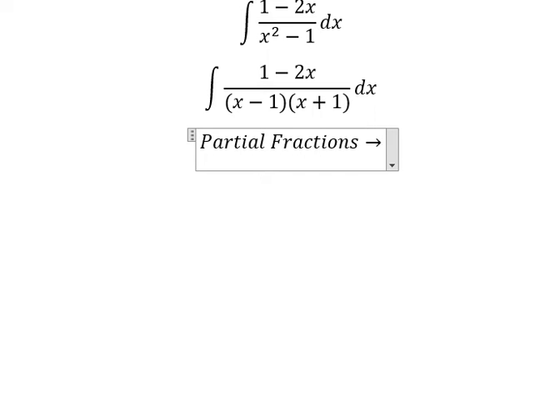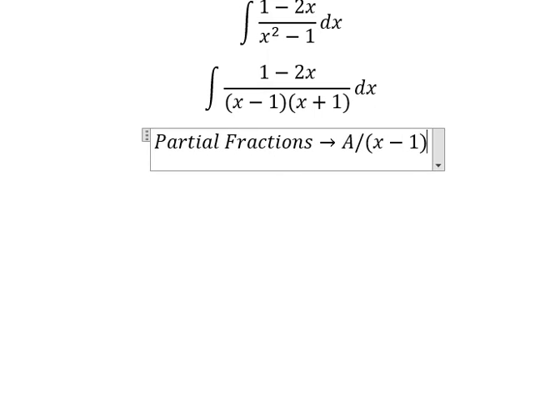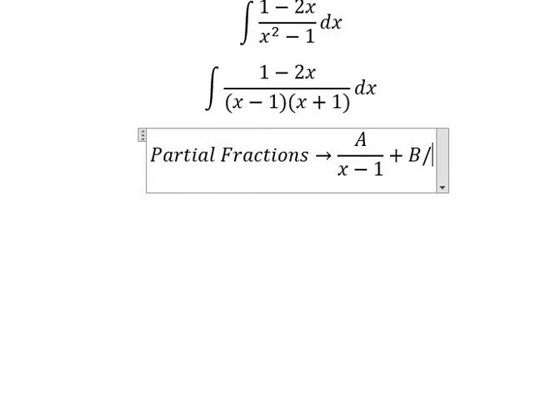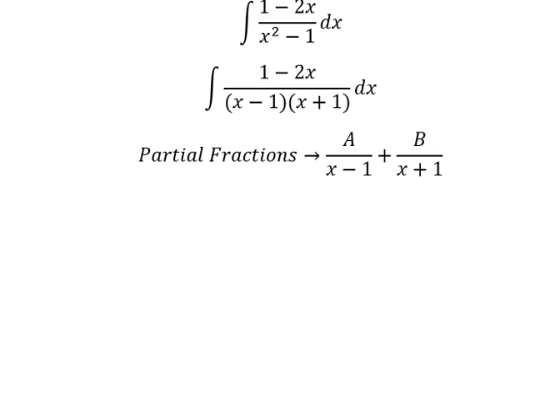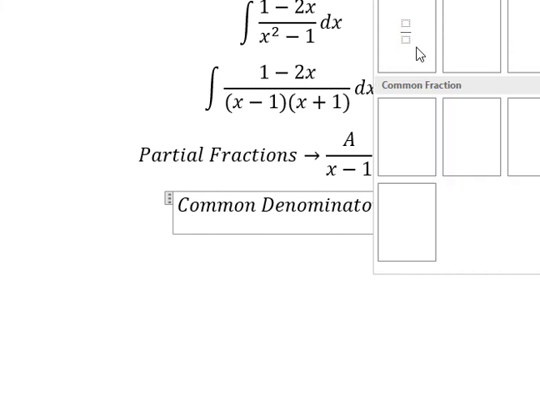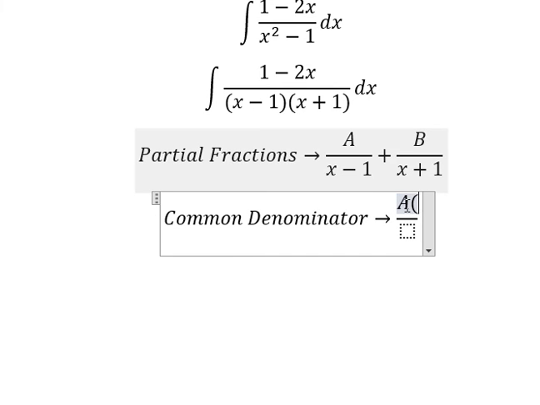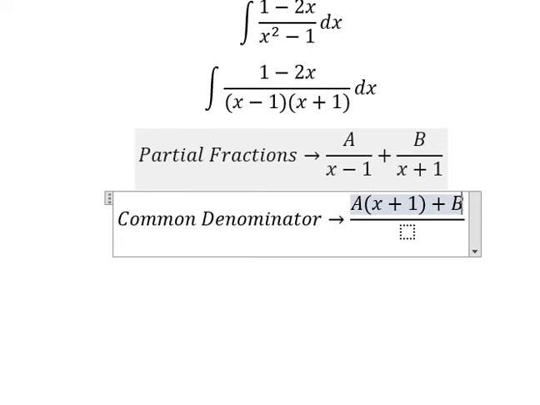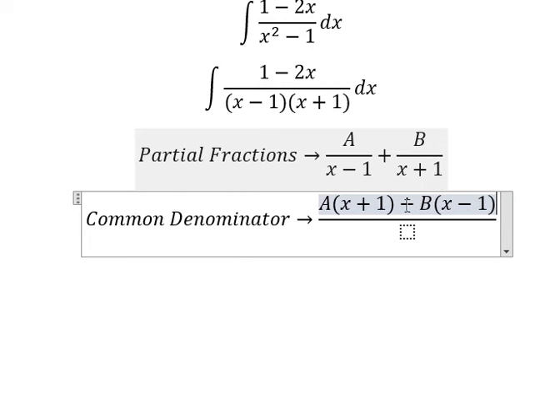So I will put capital A over s minus 1, capital B over s plus 1. Next, we do the common denominator. So capital A multiplied by s plus 1, capital B multiplied by s minus 1.